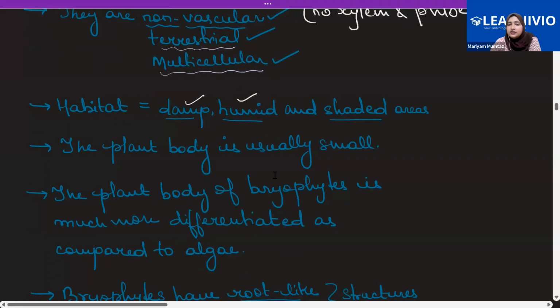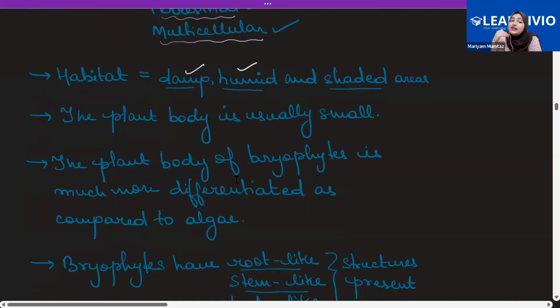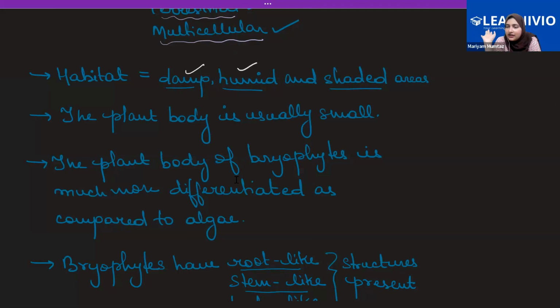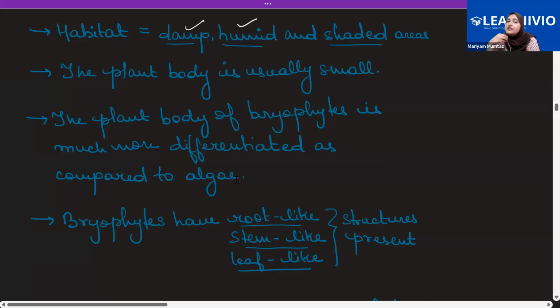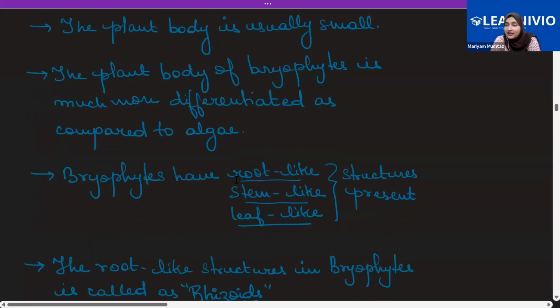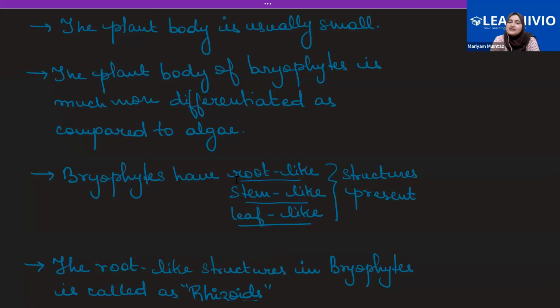The plant body is usually small, and now their body is a little bit differentiated as compared to algae. Algae was like strictly thallus, no differentiation, right? But in bryophytes, you have root-like, stem-like, leaf-like structures. Not true root, true stem, or true leaves, but root-like, stem-like, leaf-like structures.